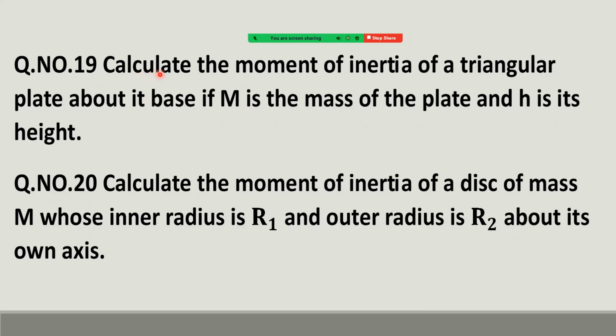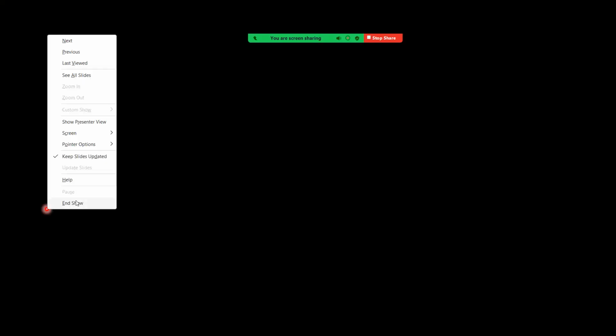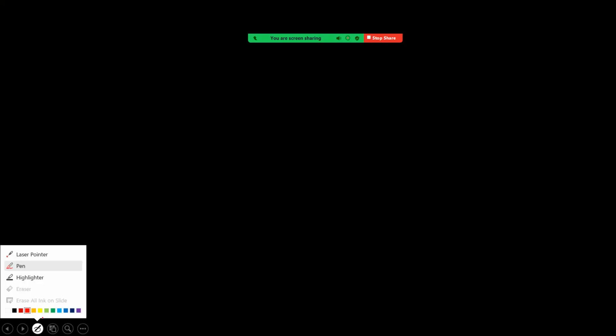Calculate the moment of inertia of a triangular plate about its base if m is the mass of the plate and h is its height. Let us see. First make a diagram.